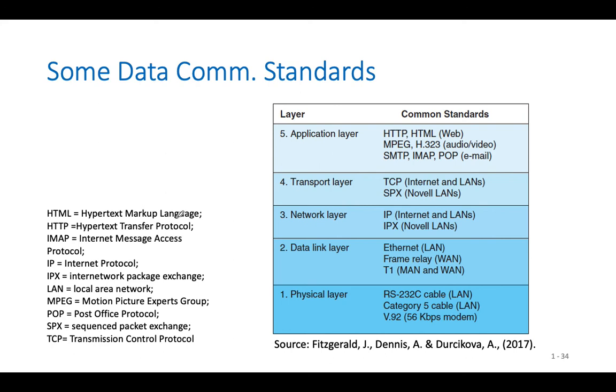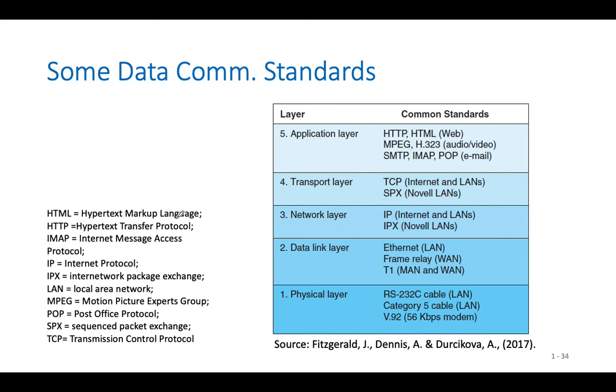The transport layer, the network layer, where the most important protocol is the IP. The data link layer, which involves Ethernet and frame relay, which is away from your study, totally away from your study. And the physical layer usually has standardization of category Cat 5 or Cat 7, whatever it is, the cable.